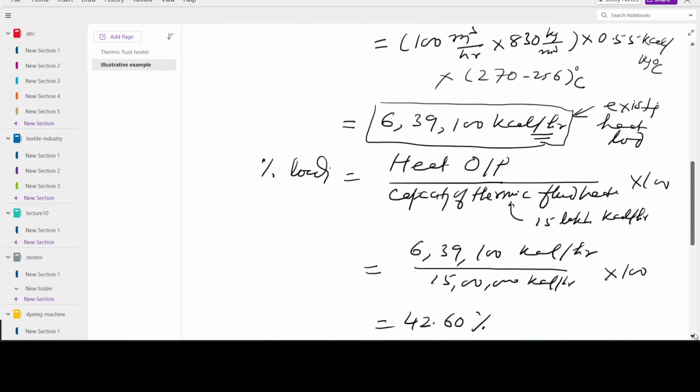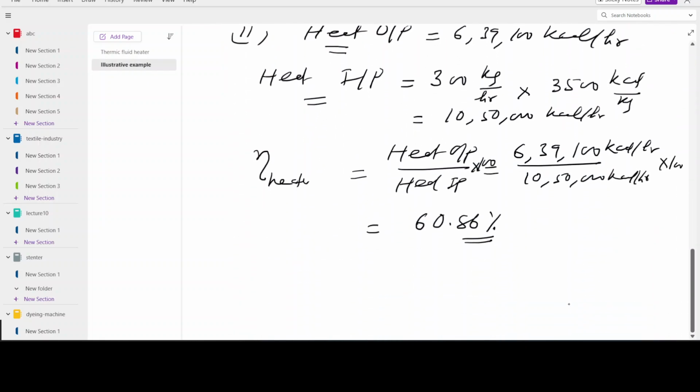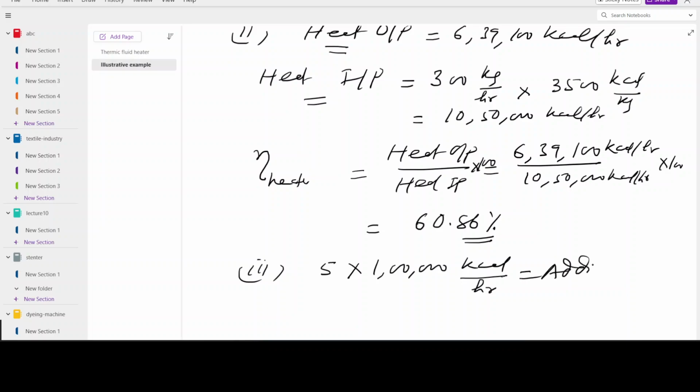Apart from that, management wants to introduce 5 heat chambers of 1 lakh kilocalorie per hour capacity. So this is the additional heat load.